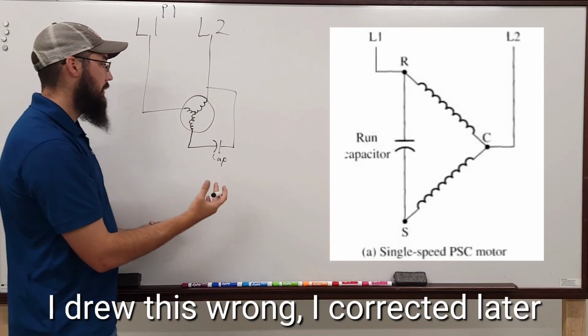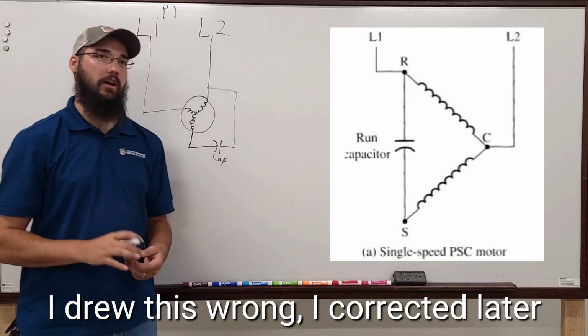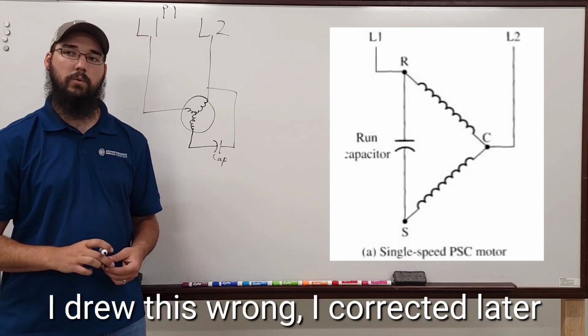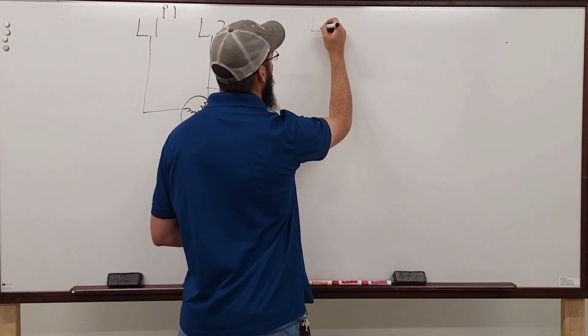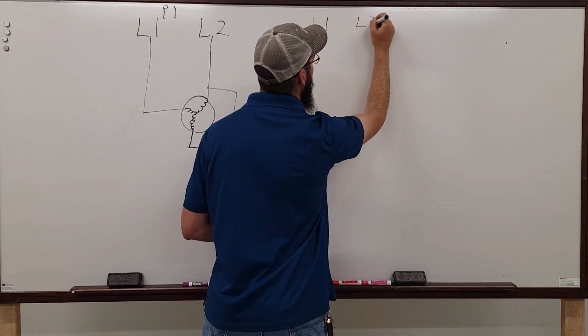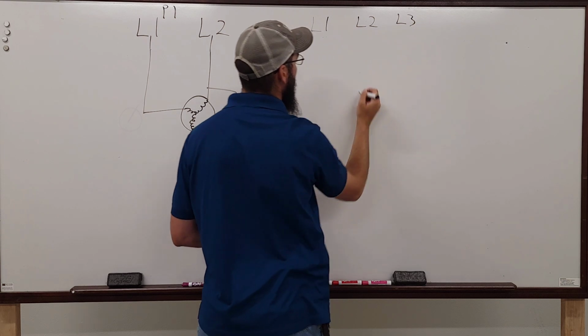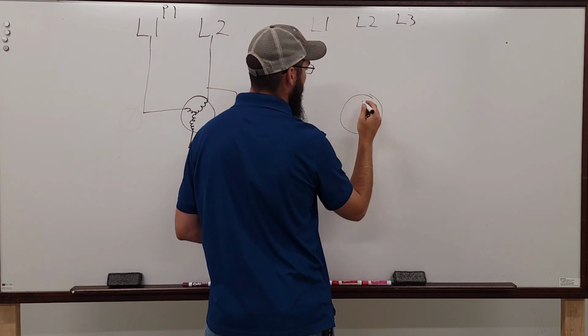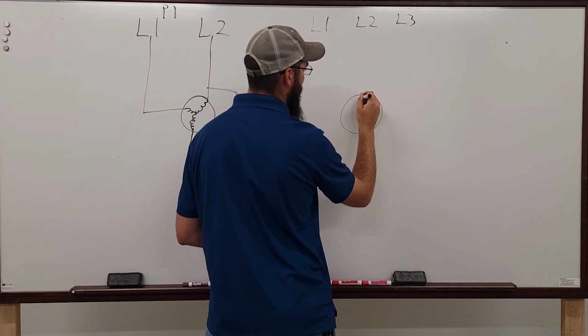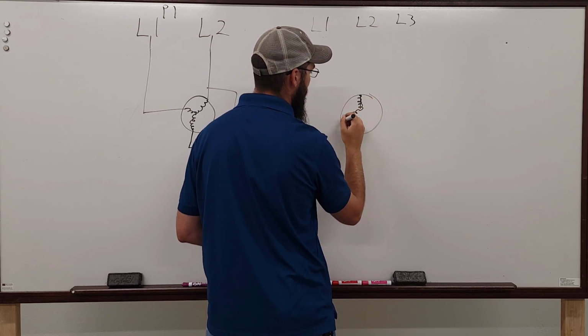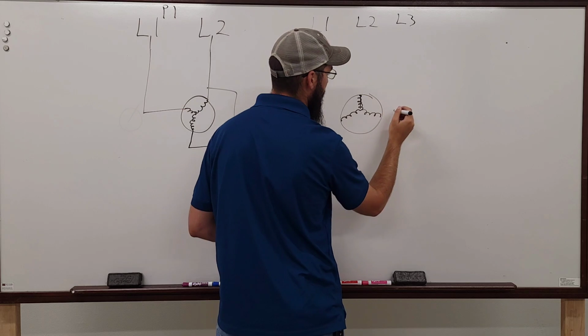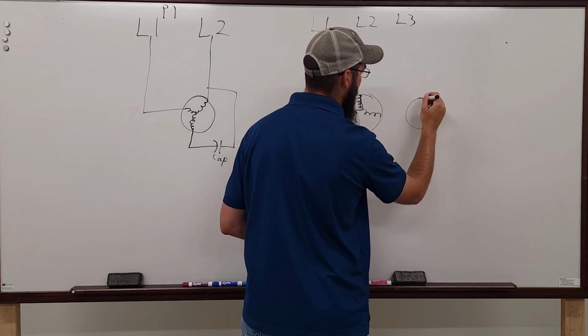Right? A three phase motor has a couple of different configurations on the windings, and so whether that would be of L1, 2, 3, you have what is known as a Y configuration, or you have a delta configuration.